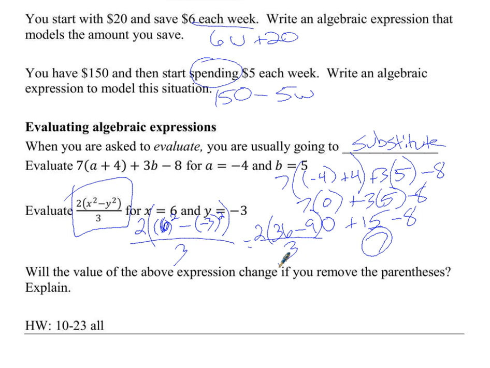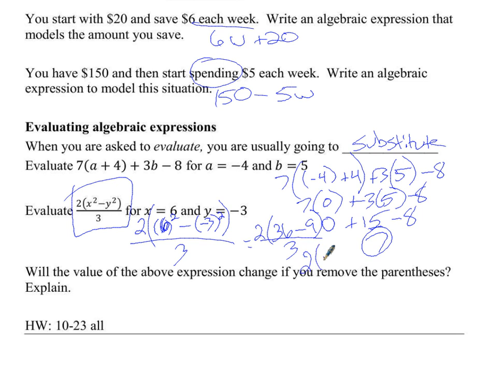Now, did I do more than one thing at once there? Yeah, is that okay? Yeah, and notice I wrote down this step. Now I have a place to move to my next step. Inside the grouping symbol still, 36 minus 9 is 27.